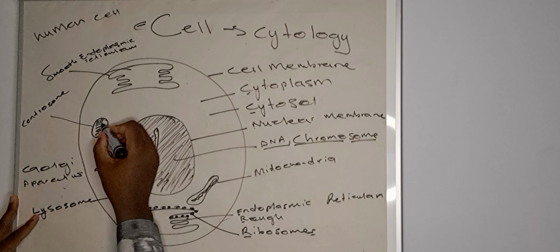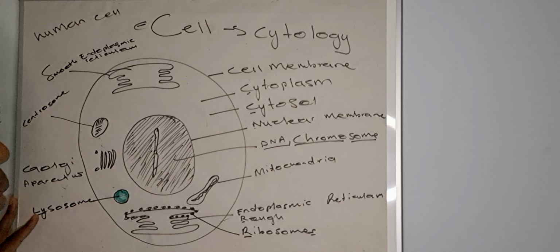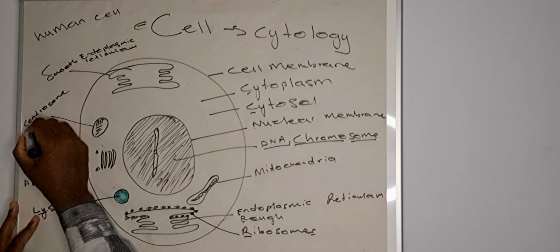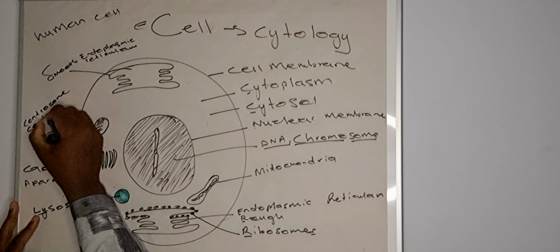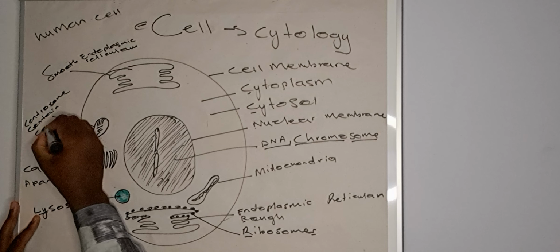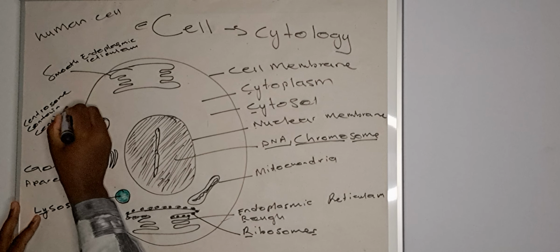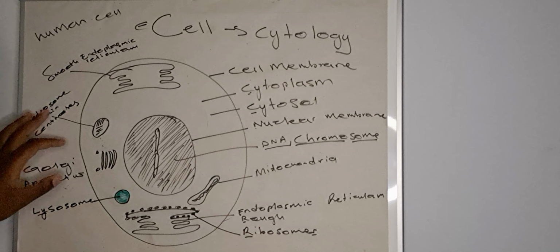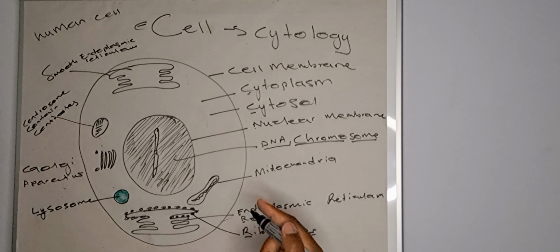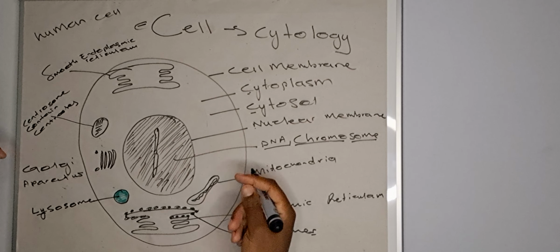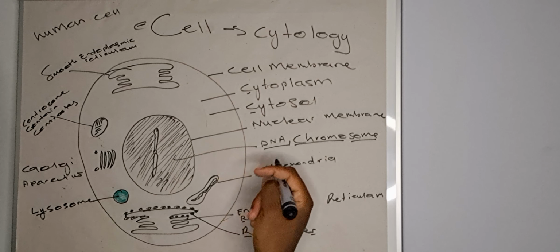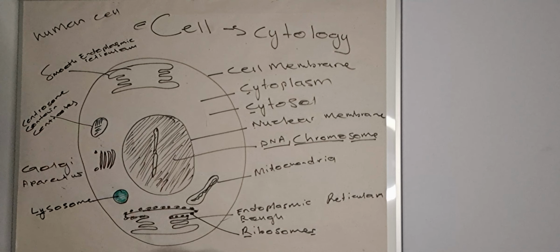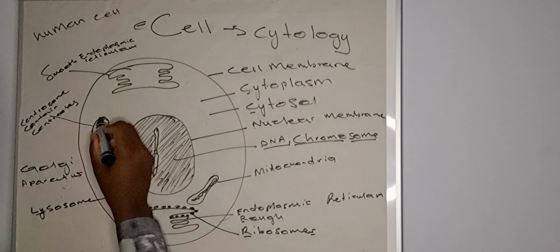Centrosome inside contains what we call centrioles. Inside they contain centrioles. This is quite vital for the function and process of microtubule mitotic spindles. This is where mitotic spindles will come and attach themselves.